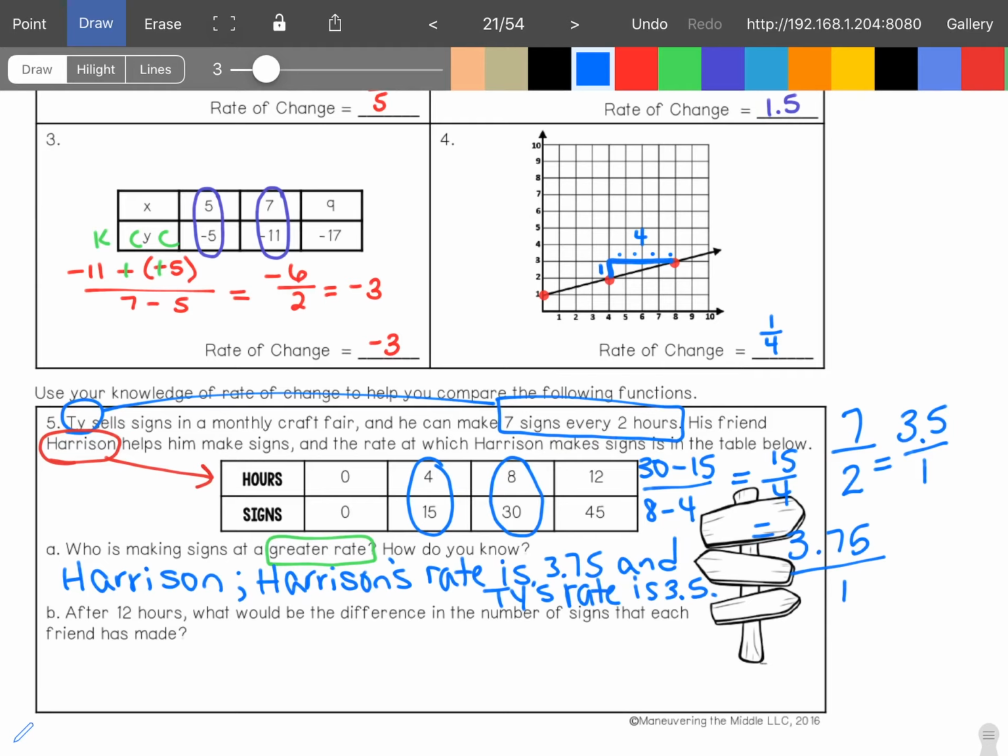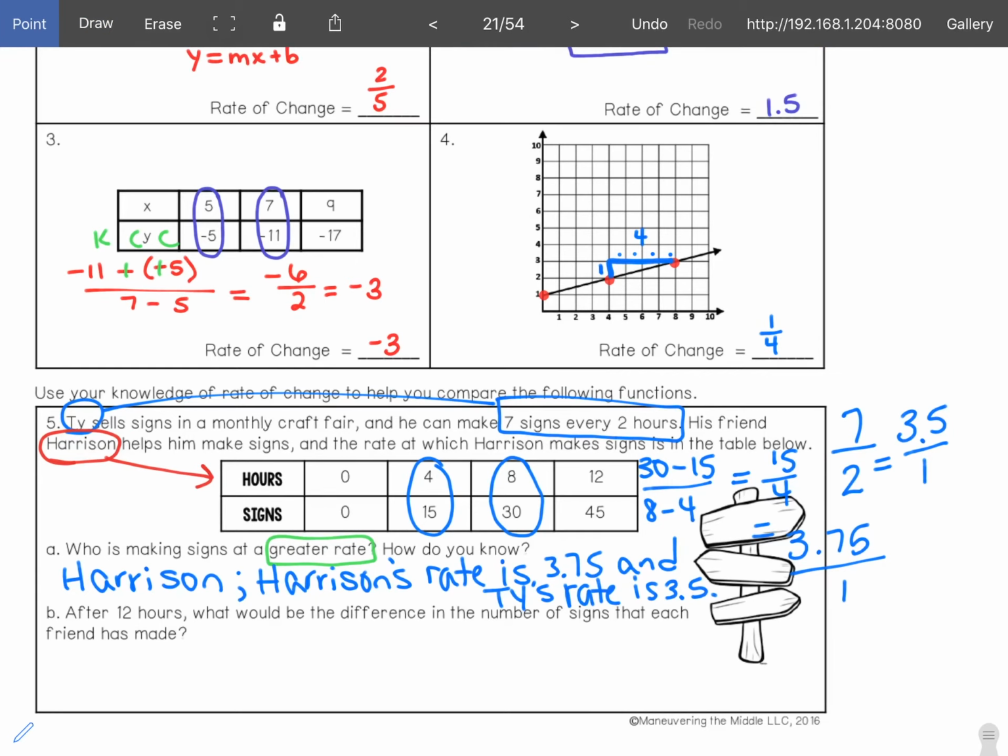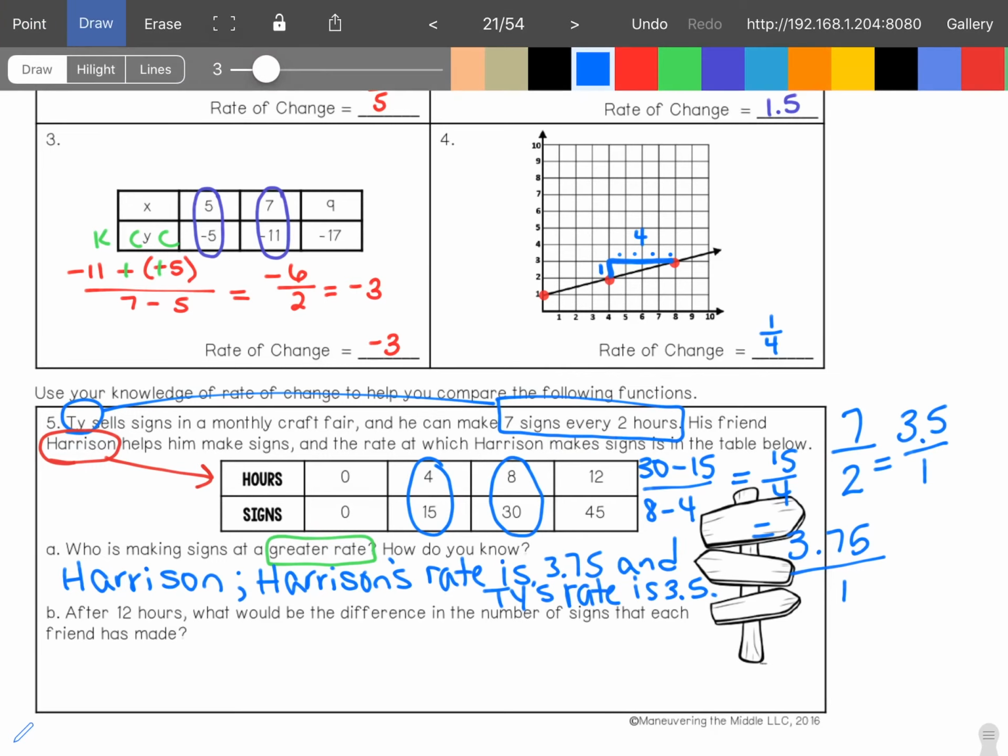After 12 hours, what would be the difference in the number of signs that each friend has made? Okay, so first of all, if we look at our table here, we see 12 hours. So we know Harrison can make 45 signs in 12 hours. So I'm just going to write H, and I'm going to write 45 signs. But how many signs can Ty make in 12 hours?